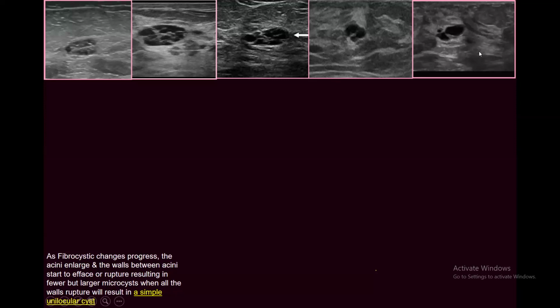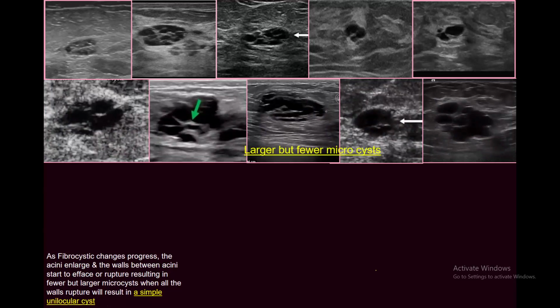Straightforward acini, mildly dilated acini, but still I can see the walls of these acini within the microcyst. If you look at this row here, you can see fewer acini, but larger than in the first row. What does it mean?